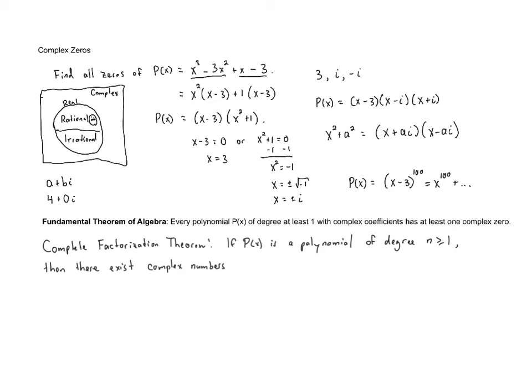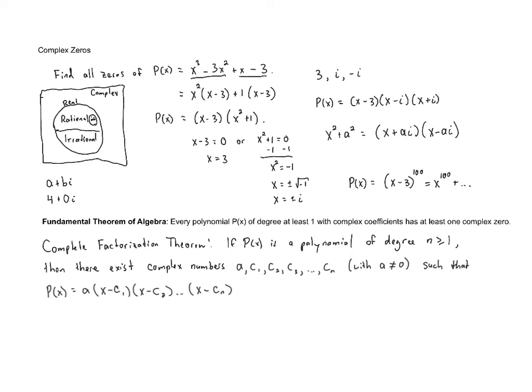So there exist complex numbers a, c1, c2, c3, etc., all the way up to cn, with a not equal to 0, such that our polynomial p of x can be written as a times x minus c1 times x minus c2 ... all the way up to x minus cn.